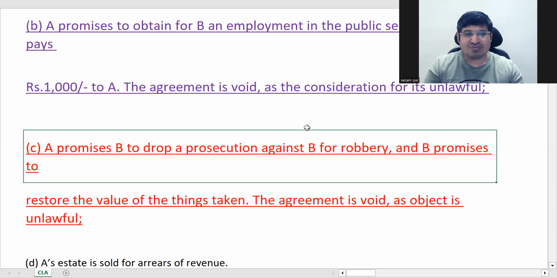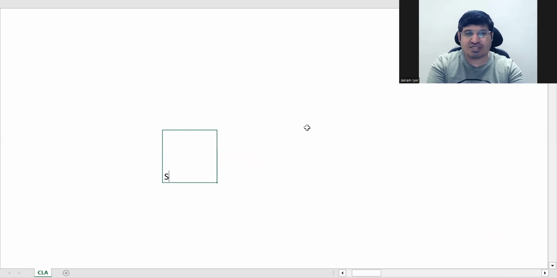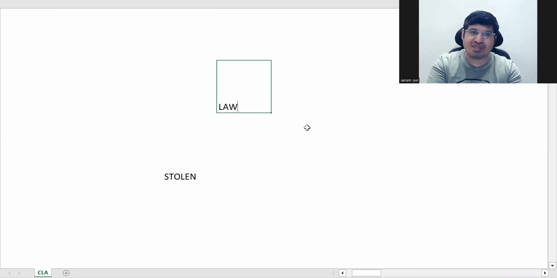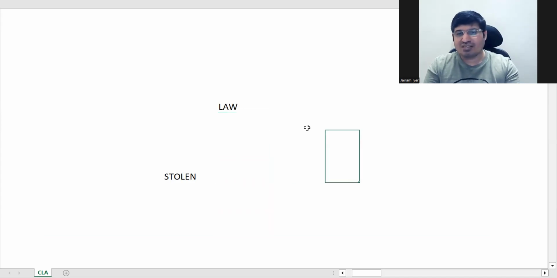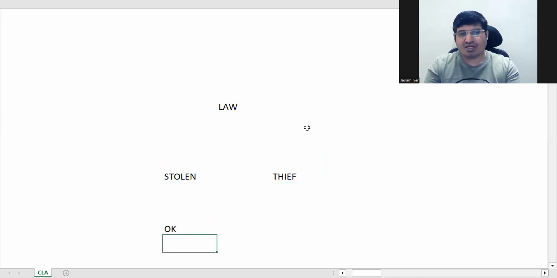If someone has stolen something from you, and you have gone to the law, now this person says, if I give back everything which I have taken, take back the case. Will the law function like that?